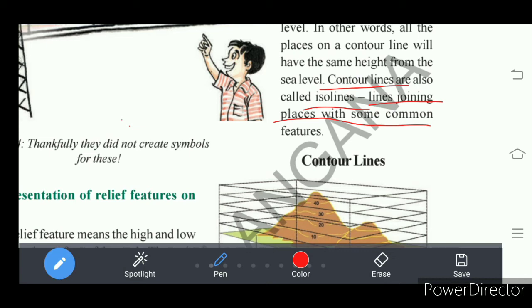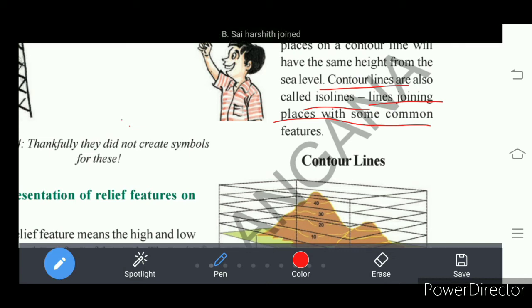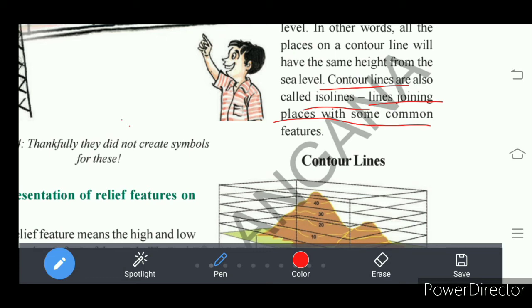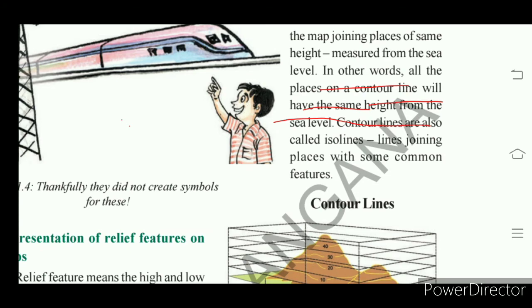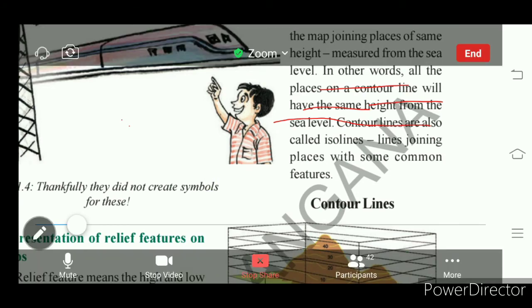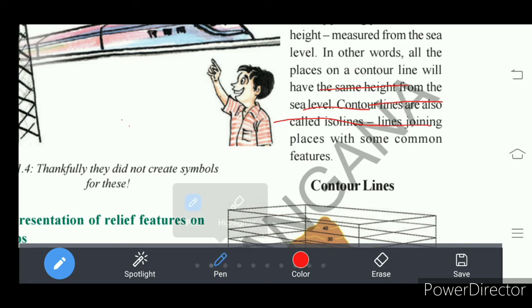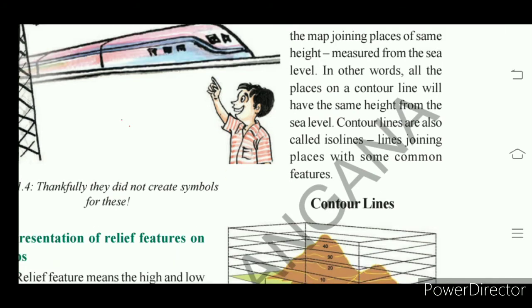Every place's height is measured from the sea level, because all the places are measured from sea level to have some commonness. So contour lines help us to show different relief features of the earth's surface on a map.